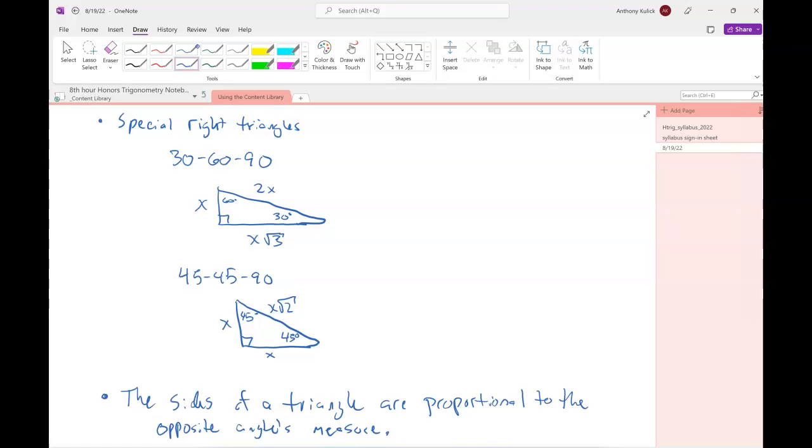Root 3 is the middle, that should be across from the 60. 2 is the biggest, that should be across from the 90. You can do the same thing for the 45, 45, 90 triangle, where root 2 is 1.41-ish. Again, bigger than 1, so it has to be across from the hypotenuse. That's how I remember them. Some people remember that the root 3 is next to the 30. That works too.